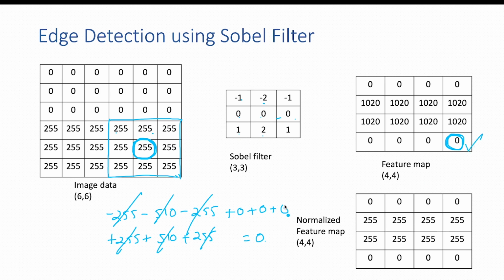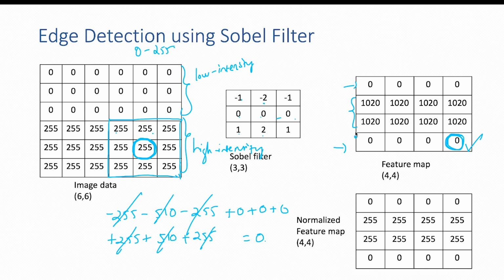Okay. So whatever data you are observing within your image data ranges between 0 and 255. We clearly understand that this section here is of low intensity and this section here is of high intensity. Looking at the feature map, we also observe that a specific area is of low intensity since the value is 0, and a specific area of this feature map is of high intensity.